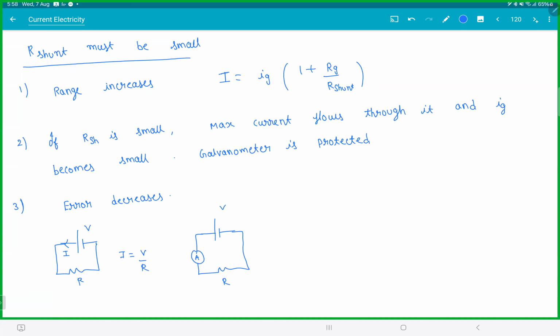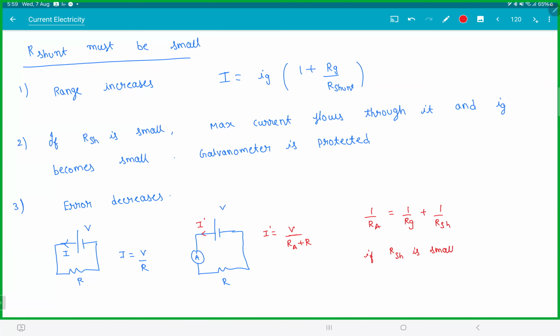Now, the problem is, because you kept an ammeter, you yourself messed up the whole reading. Now, the new current I dash will be V by RA plus R. So the very act of observing this current messes up the reading. And we know 1 by RA is the parallel combination, 1 by RG plus 1 by R shunt. So if R shunt is small, RA is small, so error becomes less.